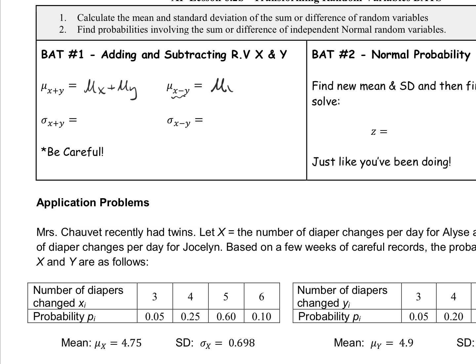It would be the mean of x minus the mean of y. If it's subtraction, you subtract. But the standard deviations are special. Has to be in variance form. It's going to be the square root of the variance of x plus the variance of y with a plus sign. And if it's a difference, it's still the same.